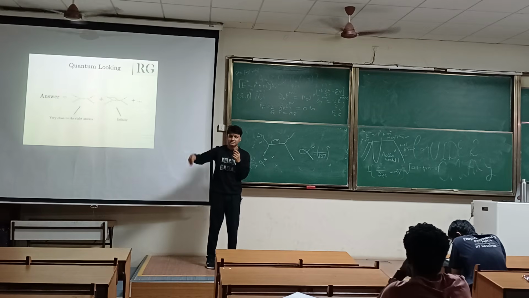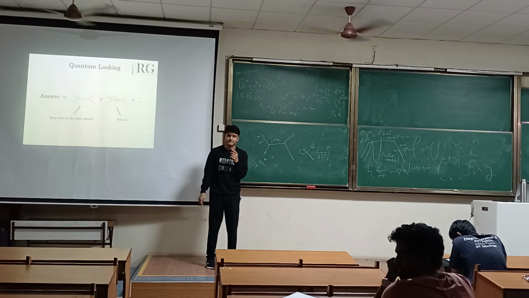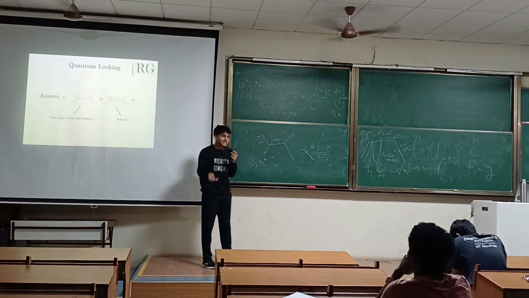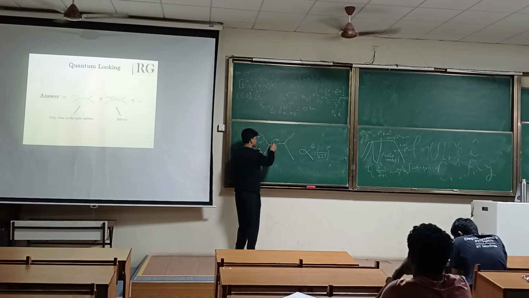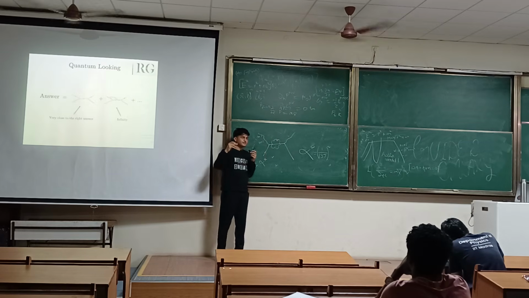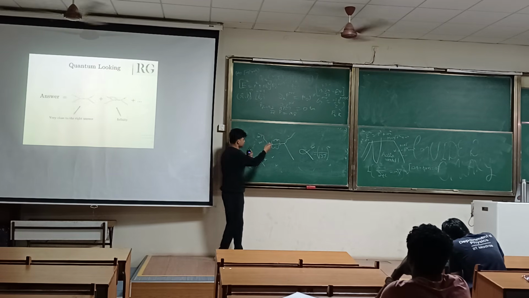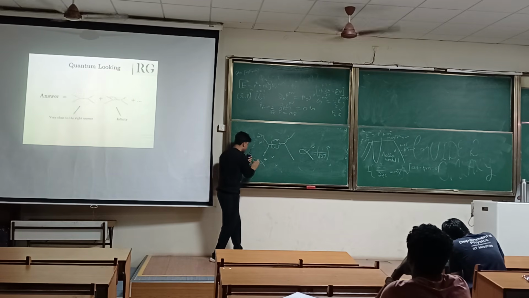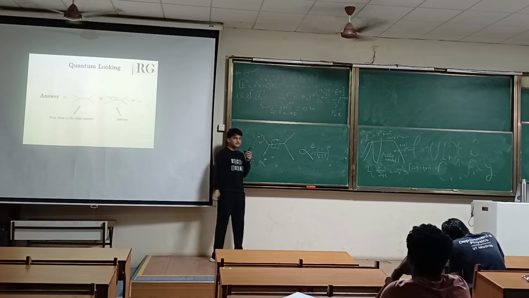Yes, the answer: take the same 2 points. Keeping the number of vertices constant, you just add another photon here. The number of vertices is still only 4. The probability associated with this diagram will be alpha to the power 4, but the diagram is different.